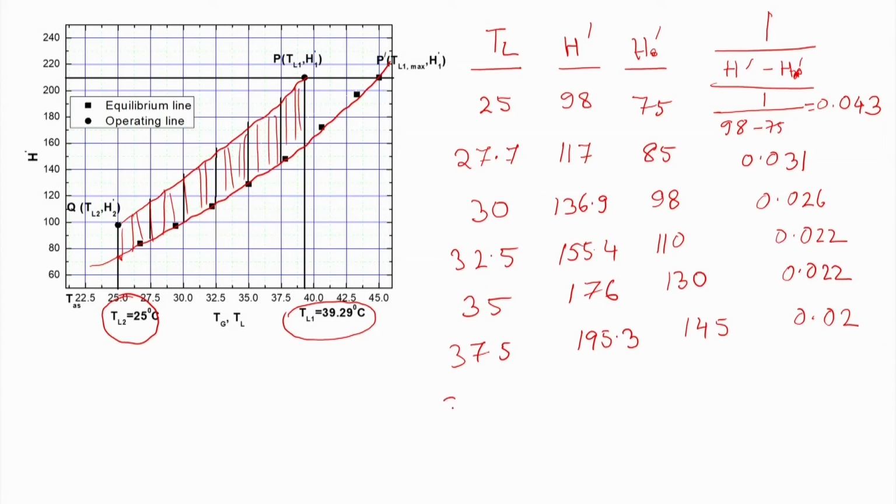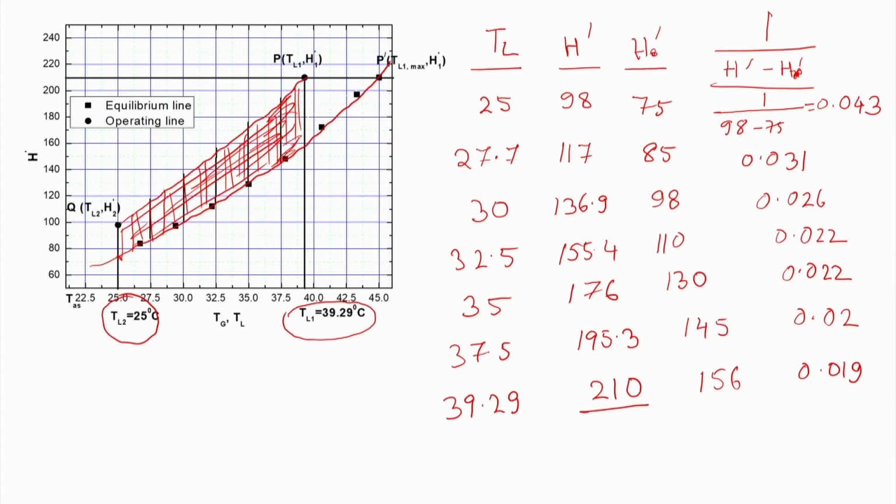And for 39.29 degrees Celsius, we know the enthalpy value we have already calculated, that is 210 kilojoule per kg dry air, and the equilibrium enthalpy value is 156, and 1 by H prime minus H star prime is 0.019. So now we are getting the entire area under the curve, this total portion. So we will now be getting NTOG and HTOG.